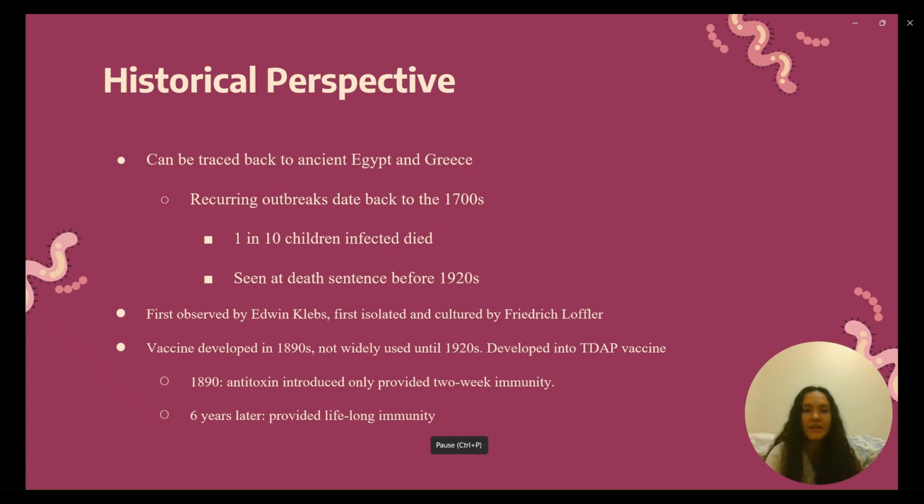The diphtheria vaccine was developed in the 1890s but was not widely used until the 1920s. During this time, medical scientists tried to make a safe and effective vaccine for the treatment of diphtheria. The antitoxin that was introduced in 1890 provided immunity for only 2 weeks. 6 years later, it came into general use, providing lifelong immunity.